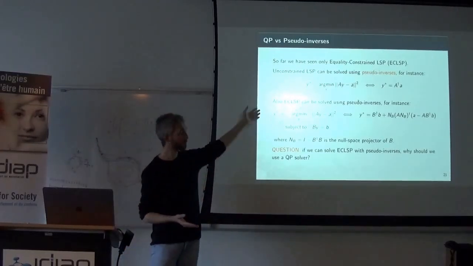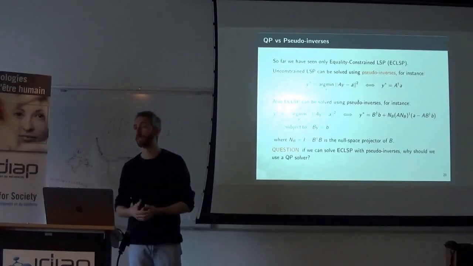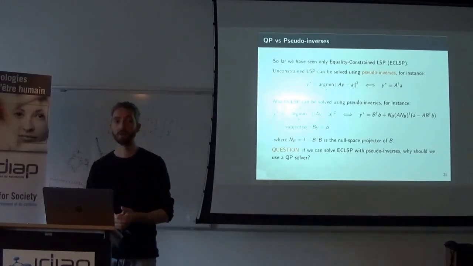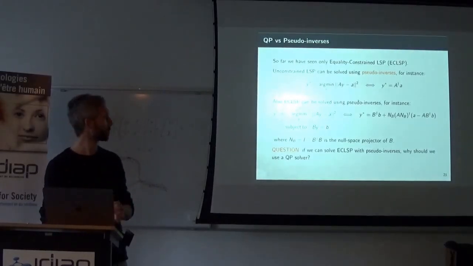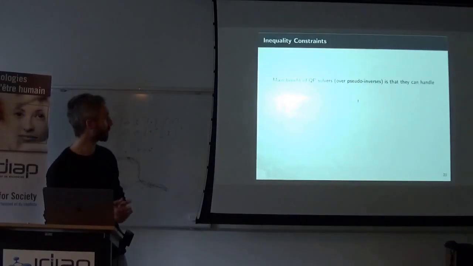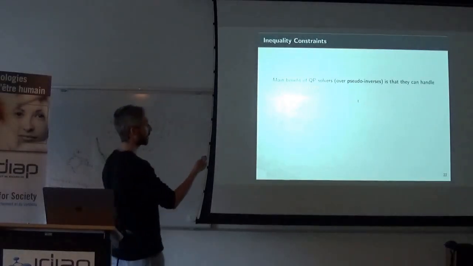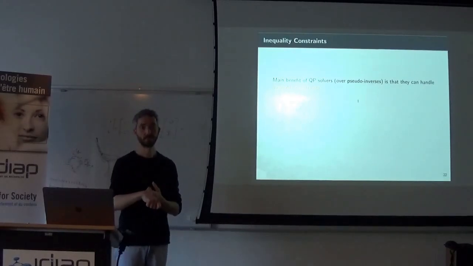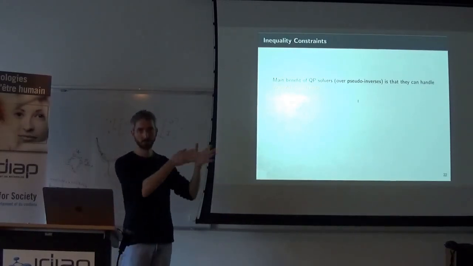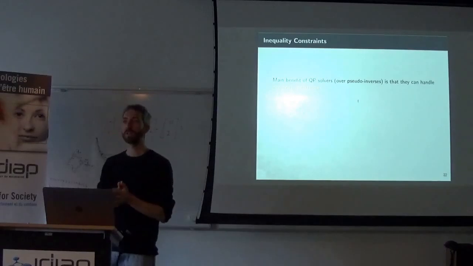Everybody was using pseudo-inverses to solve TSID. It's only been recently, in the last 8 years more or less, that people have started to use QP solvers. And the reason for that is that QP solvers can also handle inequality constraints. We haven't seen that so far, but I'm going to use it in practice.